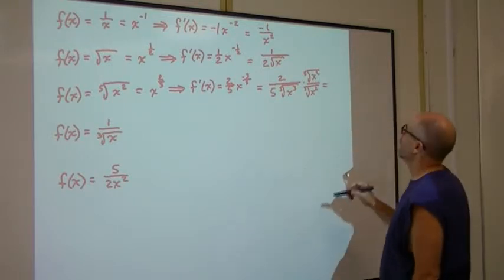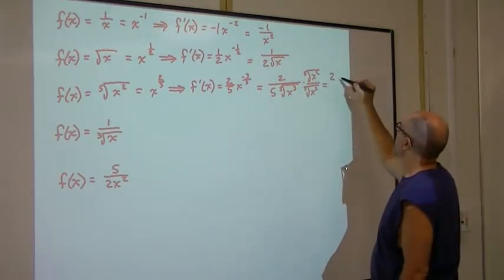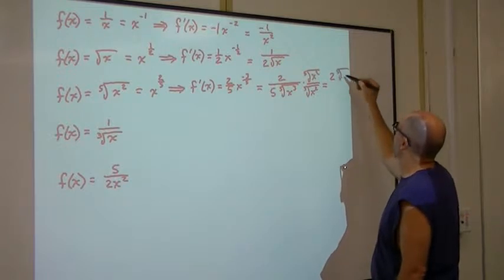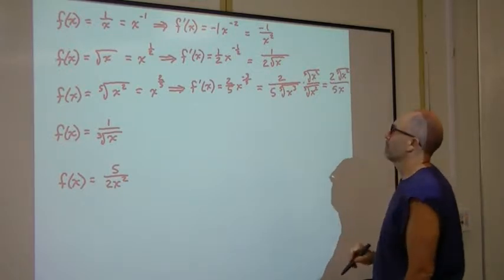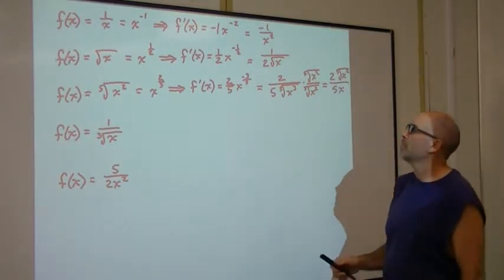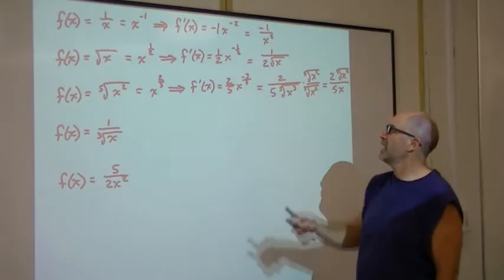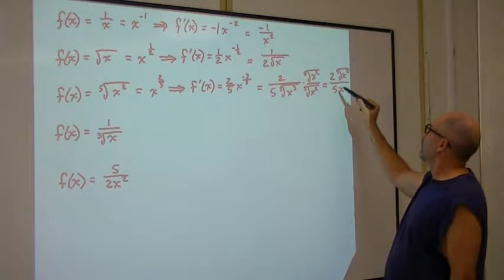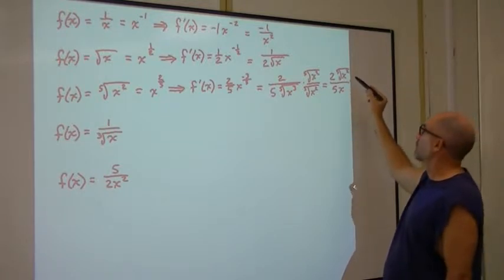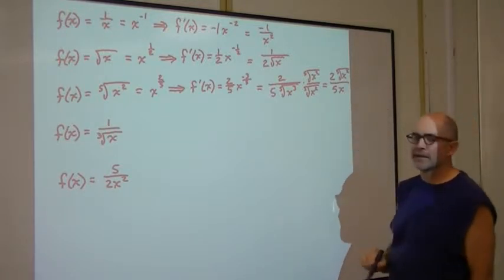And now we end up with 2 times the 5th root of x squared all over 5x. Now, really, 2/5 x to the negative 3/5 is simpler than 2 times 5th root of x squared all over 5x.